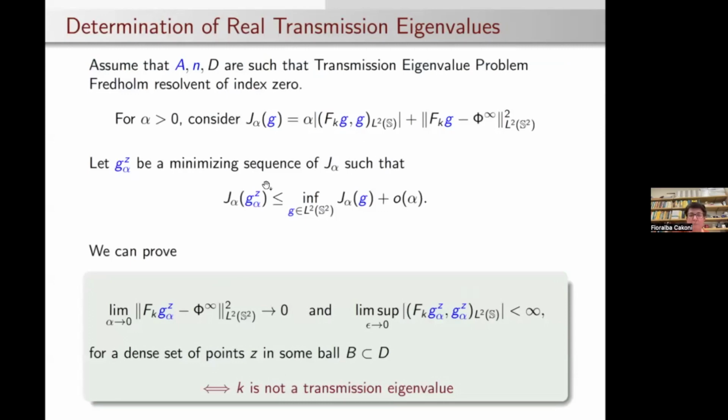If you look at a minimizing sequence of this functional, which is a regularized far field equation with this term, and this term is like the norm of the Herglotz function, then it's possible to say that if k is not a transmission eigenvalue, this minimizing sequence makes this go to 0, and this stays bounded, and if it's a transmission eigenvalue, then any minimizing sequence that makes this 0 has the lim sup infinity.